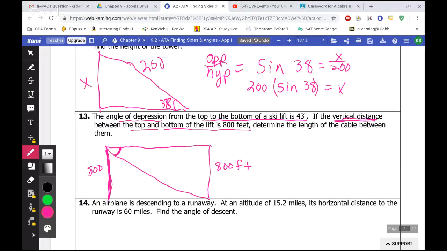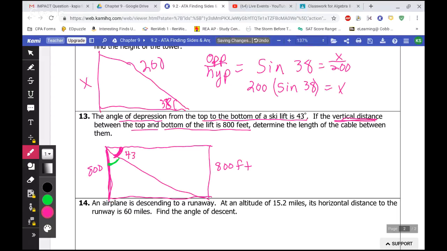That's that whole parallel line thing. Because if I was drawing them like I was before, it's not this angle here that's the angle of depression. It's this one over here. And the angle given is 43.